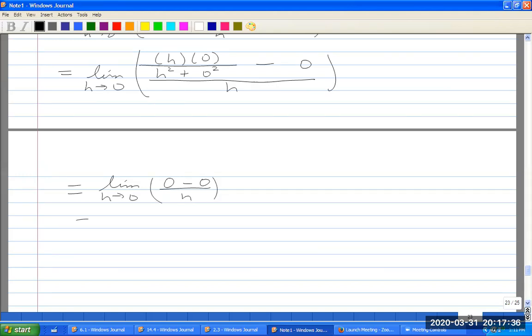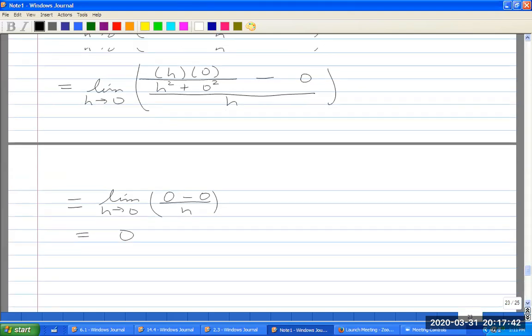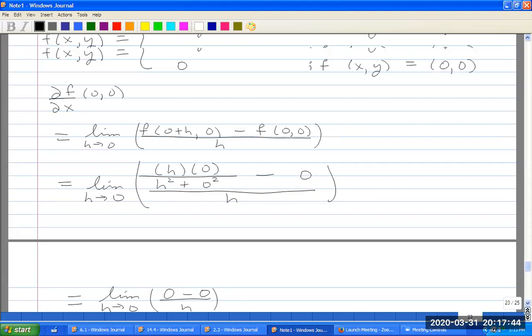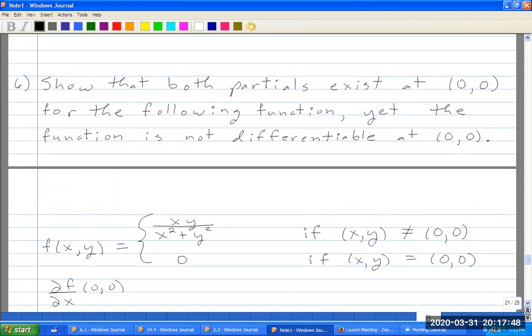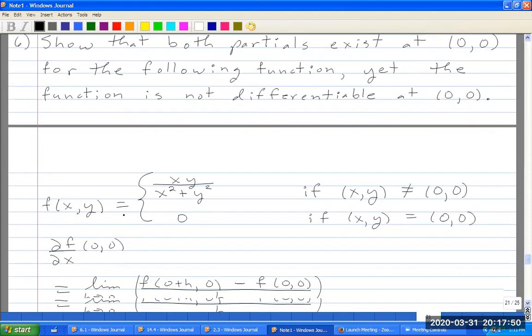The limit of a constant is just that constant. So we have that it's equal to 0. So the limit exists.